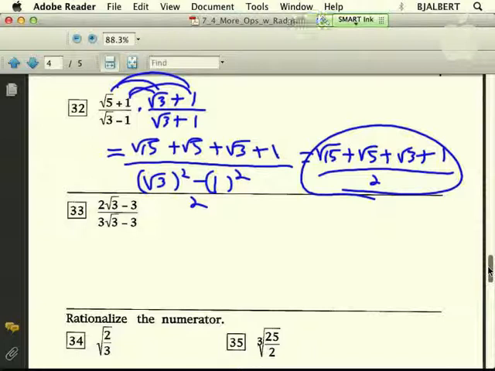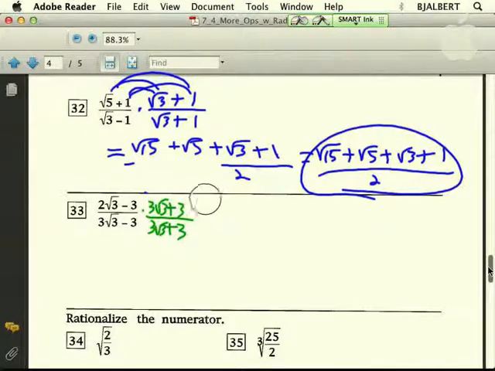One more. Let's multiply the top and the bottom of 33 by 3 square roots of 3 plus 3. Yeah, let's get rid of the blue stuff here so we got room. Okay, and in the top we got some foiling to do.